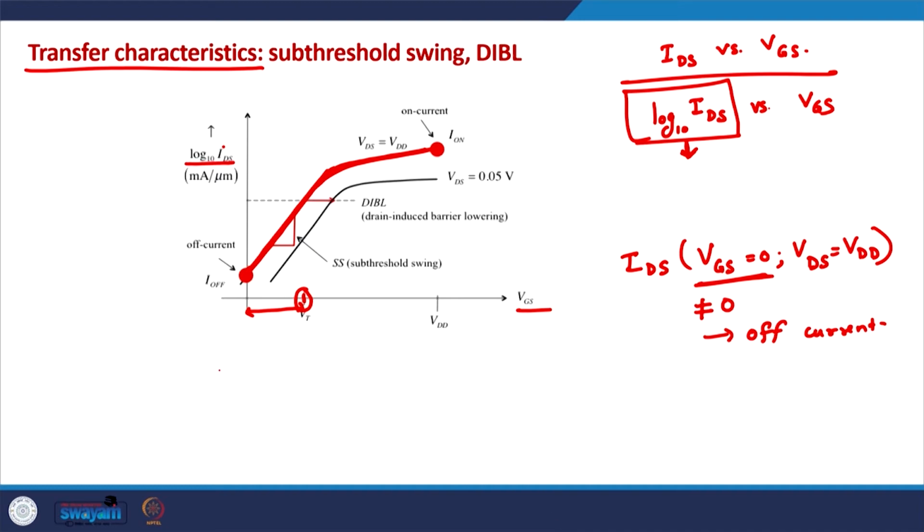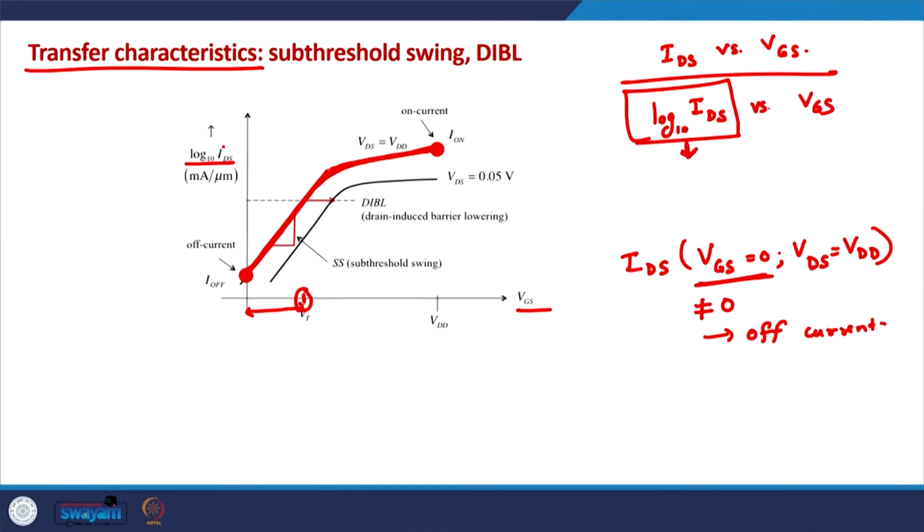But if we have a decent amount of drain voltage applied, there will be a finite current, because there is a non-zero probability of electrons crossing from the source side to the drain side, and similarly from the drain side to the source side. If we apply a high drain voltage, the probability for electrons to cross from the drain side diminishes, and there is a finite probability that the electrons sitting on the source side will cross to the drain side. They will give us a certain current even if VGS is 0, and this is known as the off current.